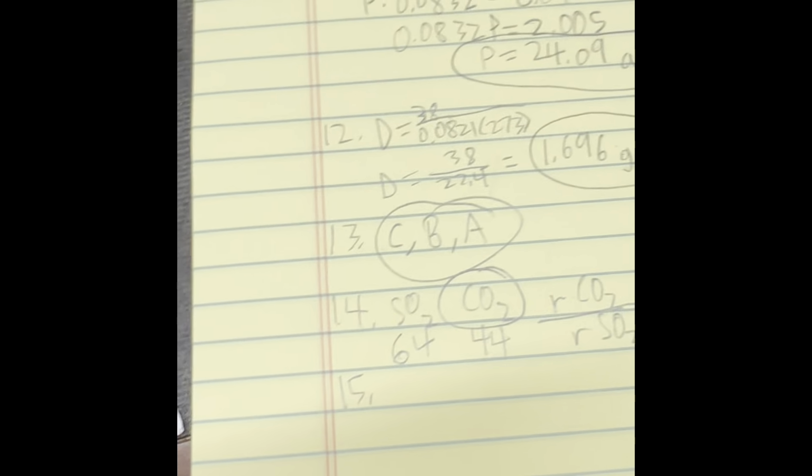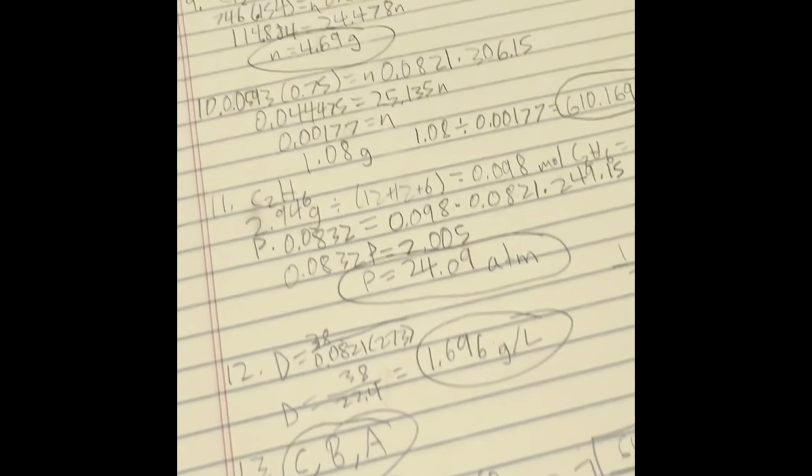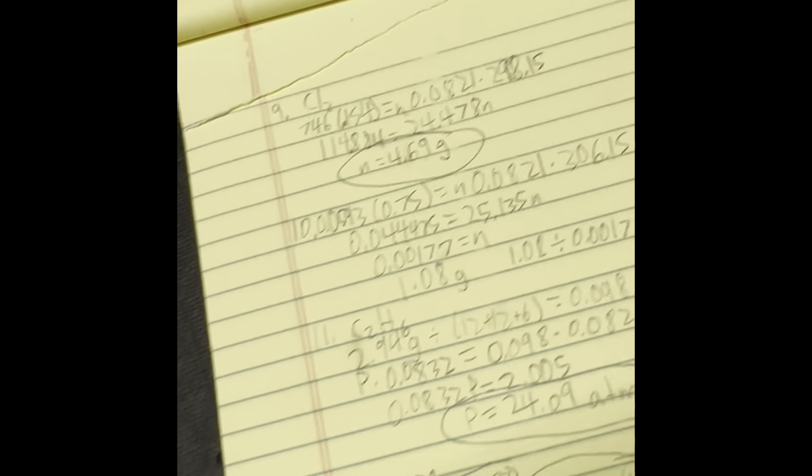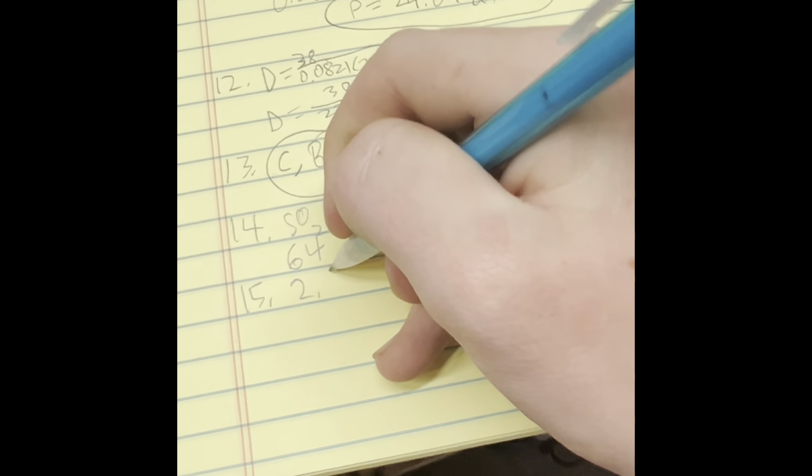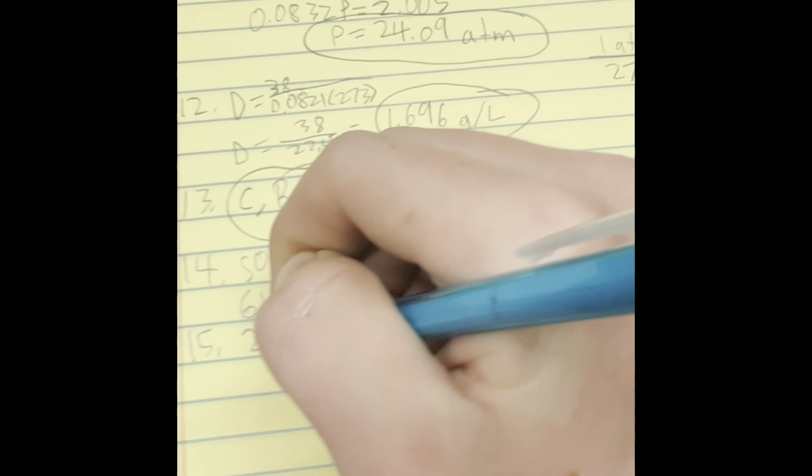Next, for 15. Volume of 2.5 moles, density of this gas. It's hydrogen iodide, HI.